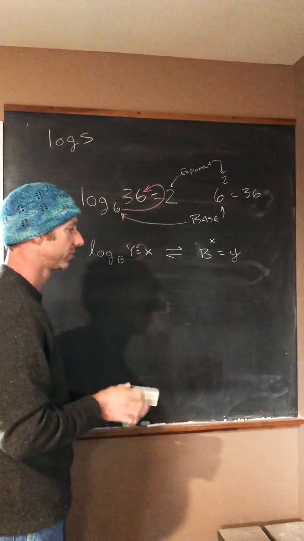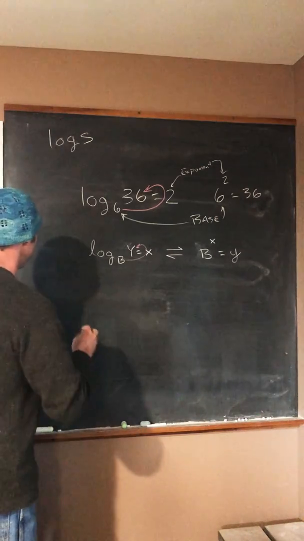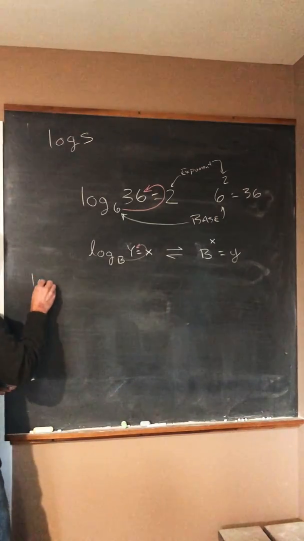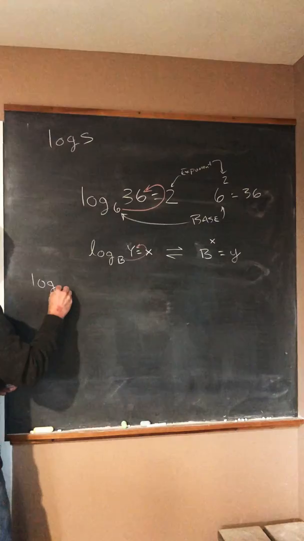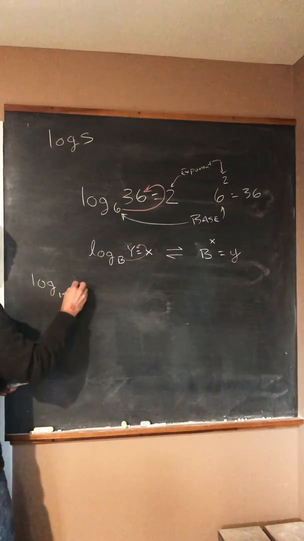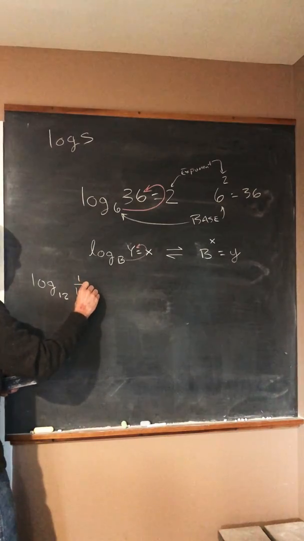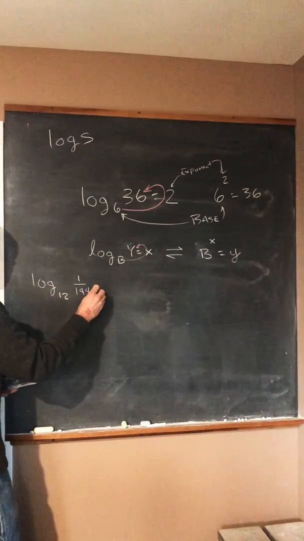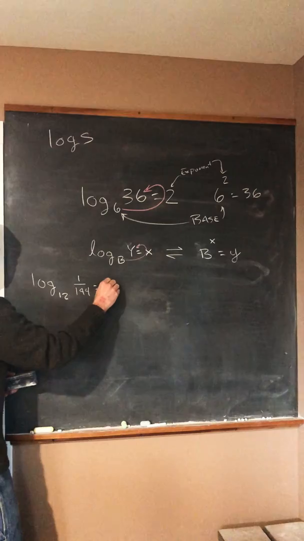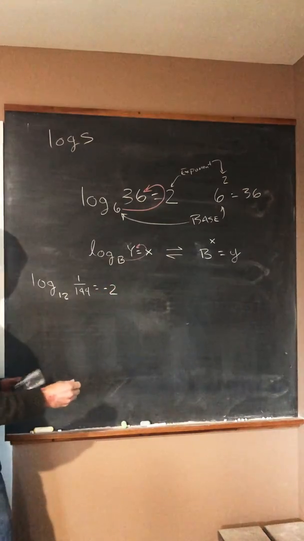So let's try some of these. How about log base 12 of 1 over 144, and I think that's going to be negative 2. Let's check that out.